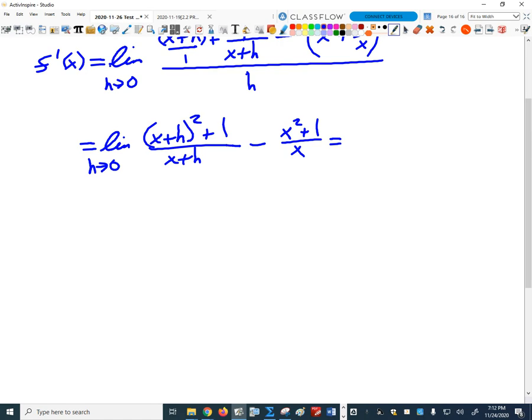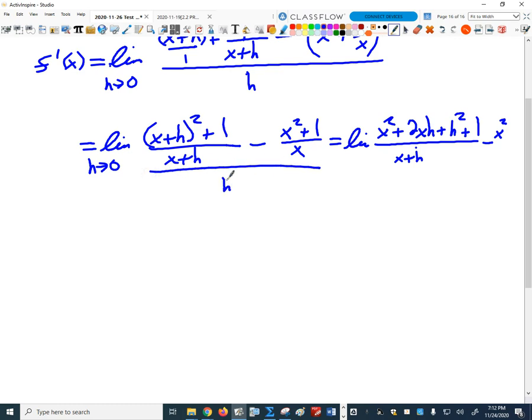So if I expand this out, I'm going to get x squared plus 2xh plus h squared plus 1 over x plus h minus x squared plus 1 over x. By the way, all over h, as h goes to 0.